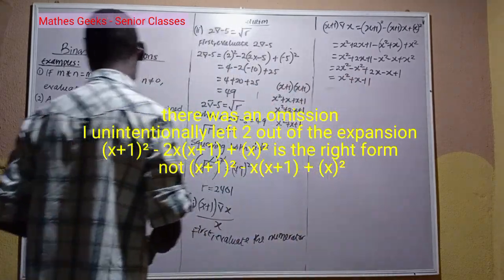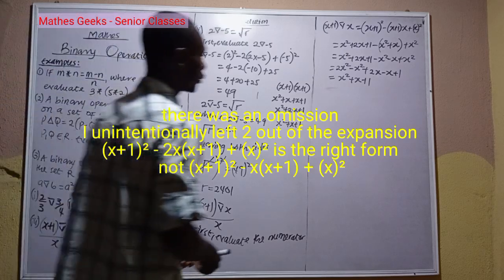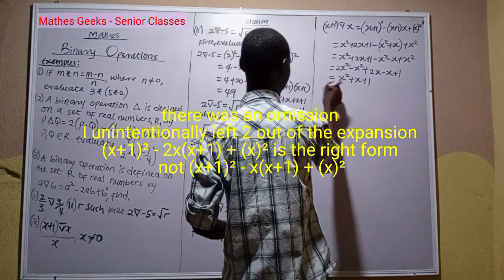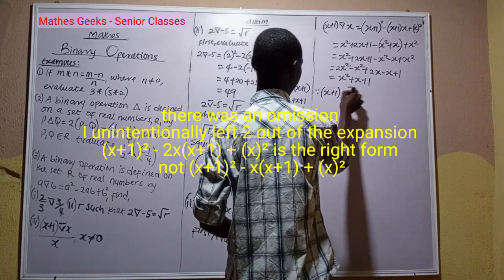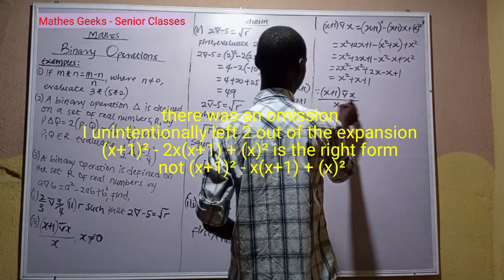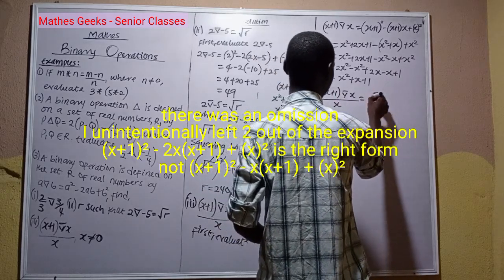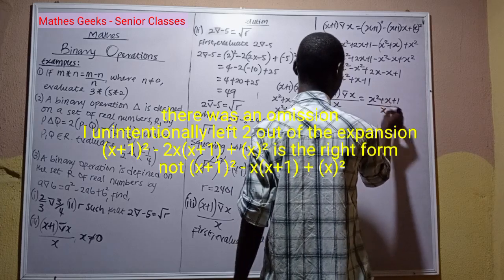Then we'll come back to what we have: x plus 1 operation x over x. So it's equal to x squared plus x plus 1 over x.